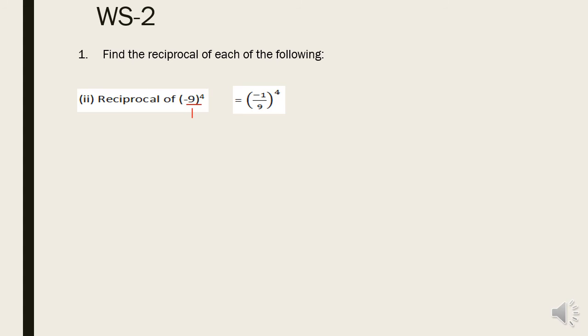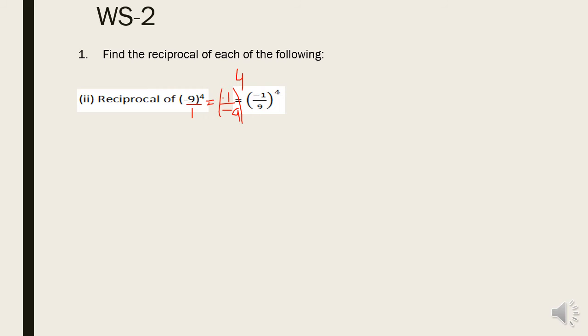Here I can write (-9)^4 as (-9 by 1)^4. Now after interchanging, I'll get (1 upon -9)^4.